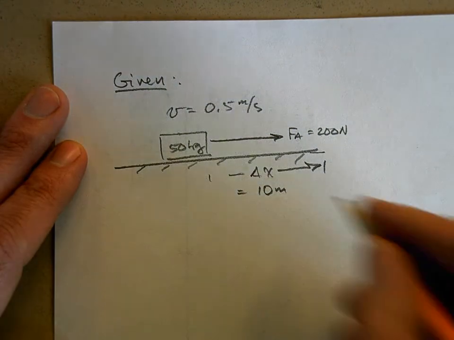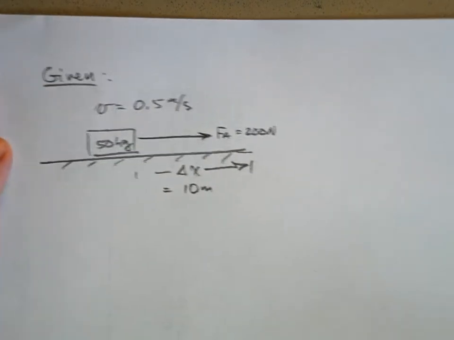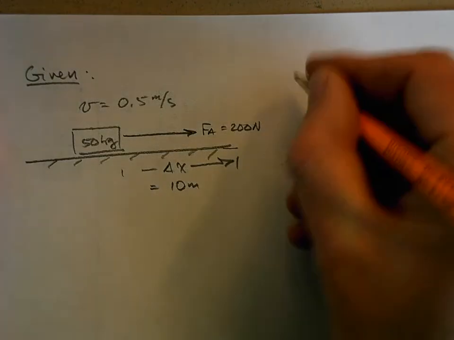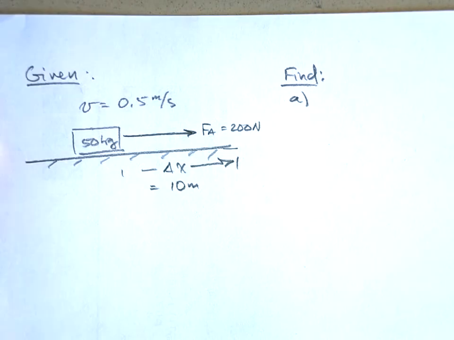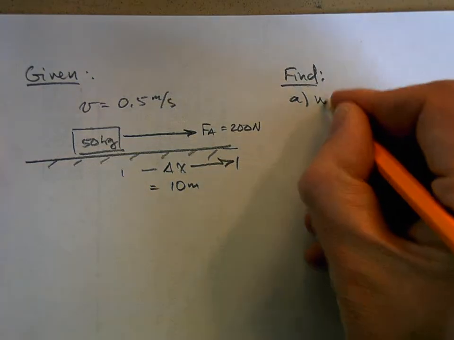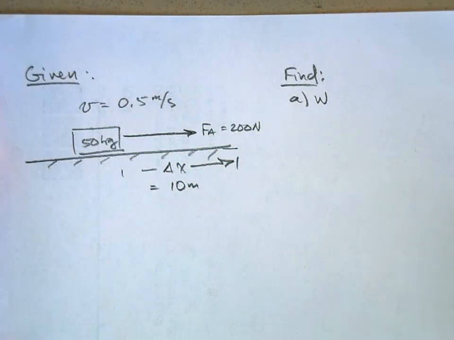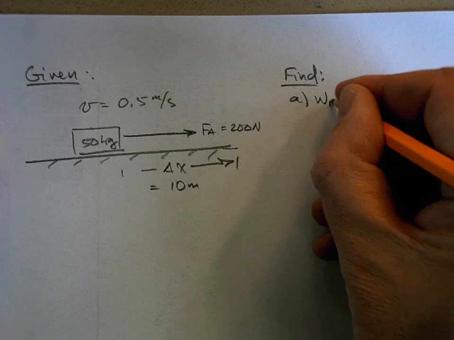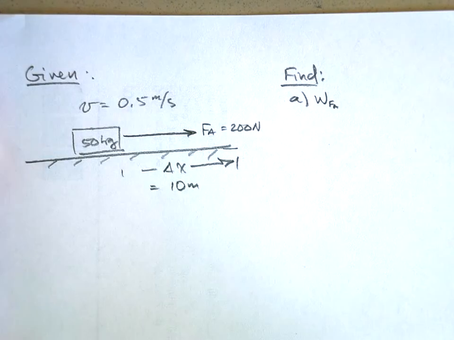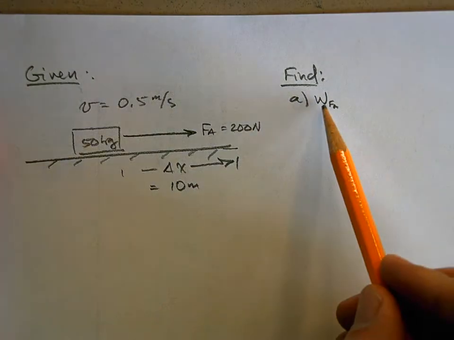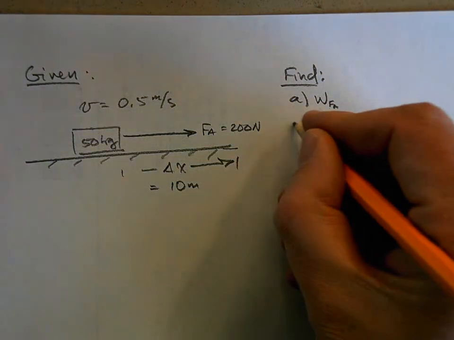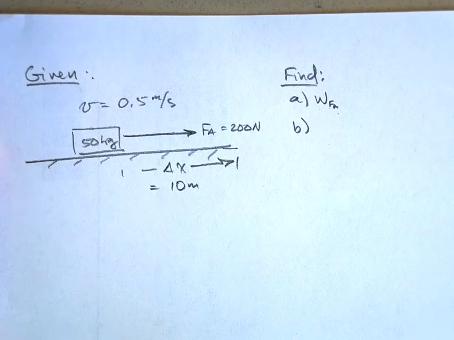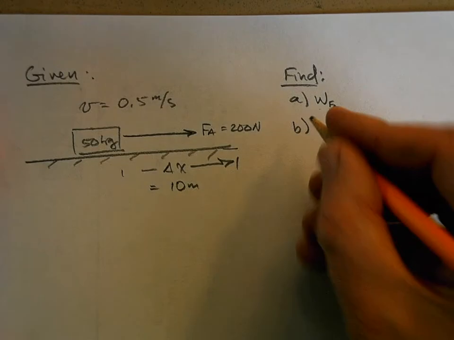And what are we trying to find? Let's put it over here off to the side. Well, in part A, the work done. Now I use a subscript. When it's asking for the work done by a particular force, I just put W sub F_A, just a shortcut way of writing it. For part B, we want to know what is the force of friction.